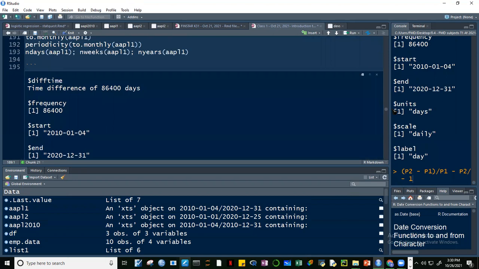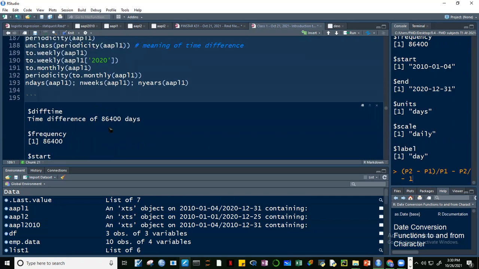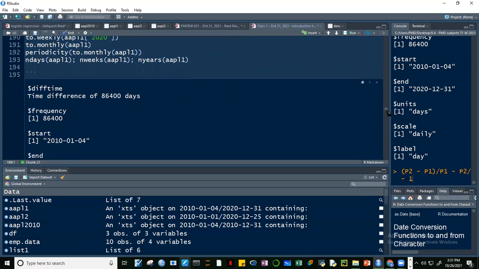Time difference in days. From the first trading day up to the last trading day, there are 86,400 days all in all, as far as Apple 1 is concerned. Frequency, so 86,400 data points.